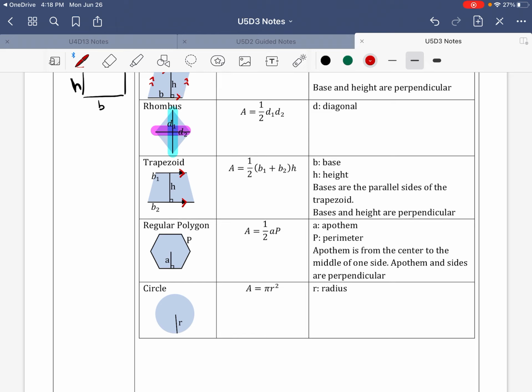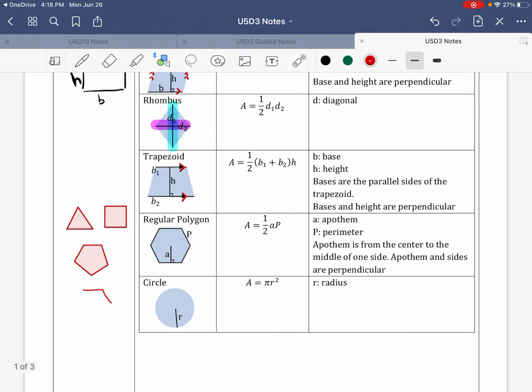For a regular polygon, now a regular polygon is defined by figures that have multiple sides where all of the sides are the same. So we can have a regular polygon right here that is like a triangle where all the sides are the same, or a square where all the sides are the same, or a pentagon, or an octagon, 1, 2, 3, 4, 5, 6, 7, 8, close enough, where all of the sides are the same.